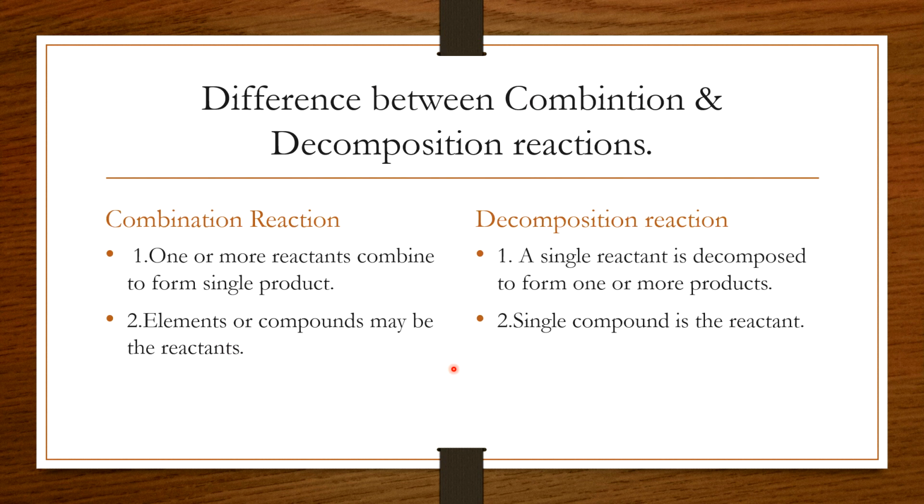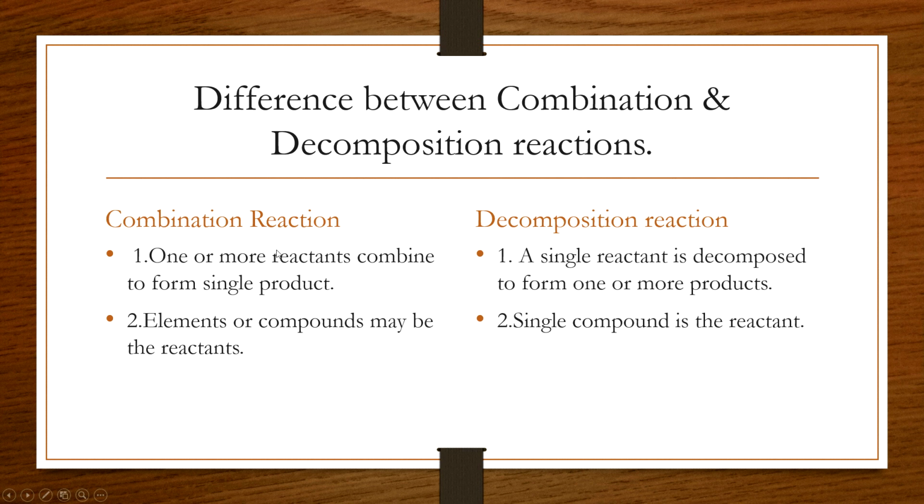Okay, so let's know the difference between combination and decomposition reactions. A combination reaction means one or more reactants combine to form a single product, and a decomposition reaction means a single reactant is decomposed to form one or more products.